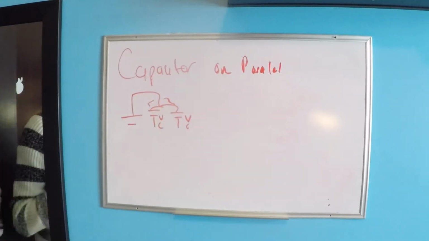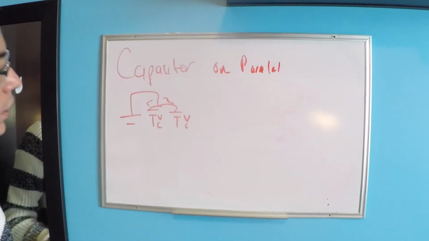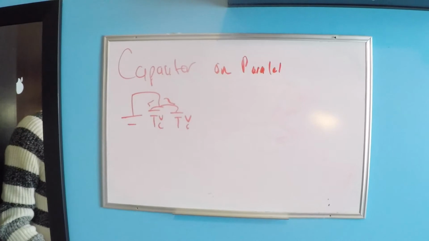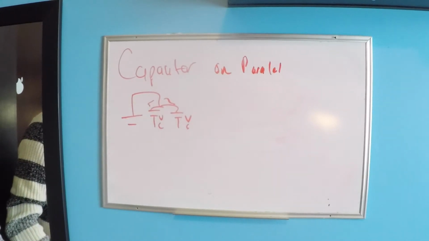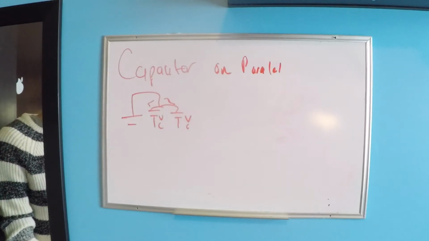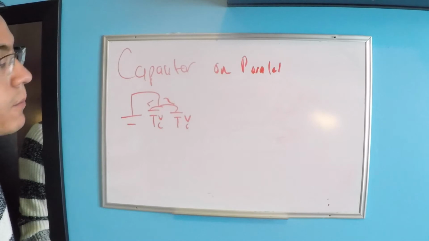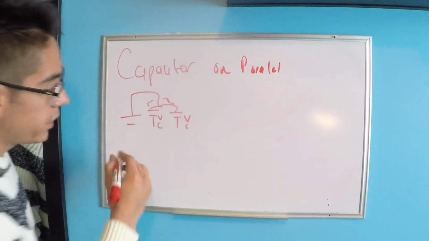So of course we are not having the same charge on these, but we have different charges, but we preserve the voltage. The capacitance is not the same because the charge is not the same.